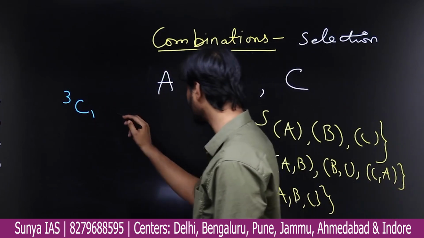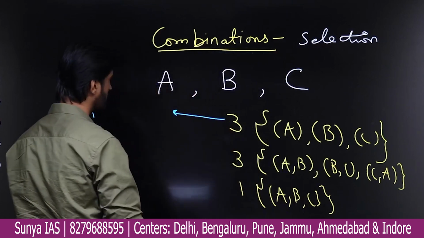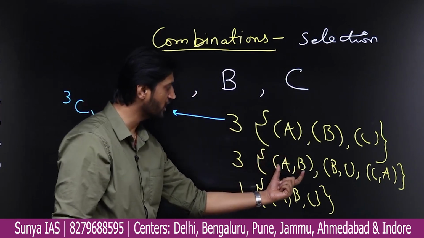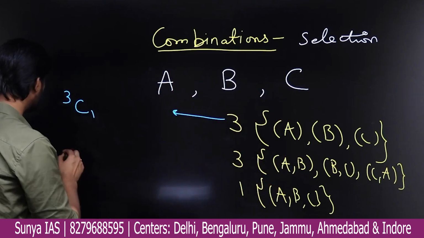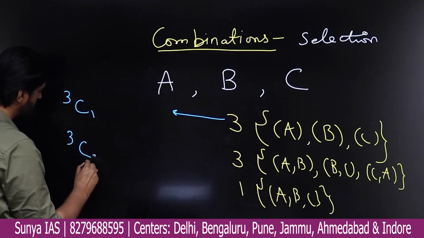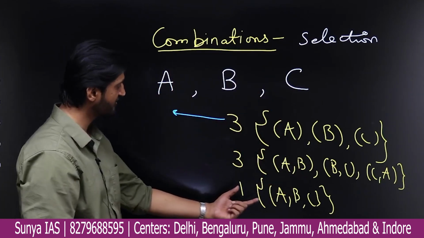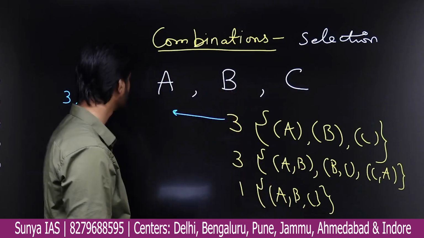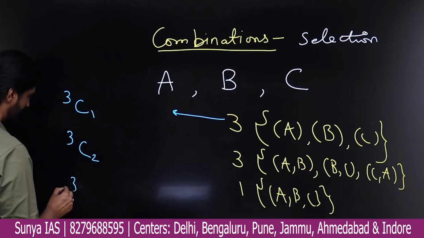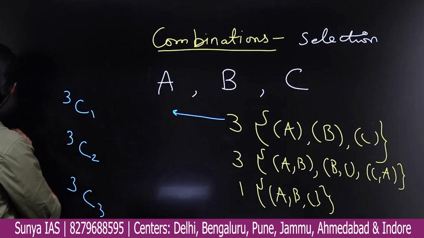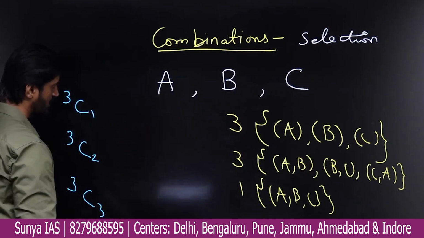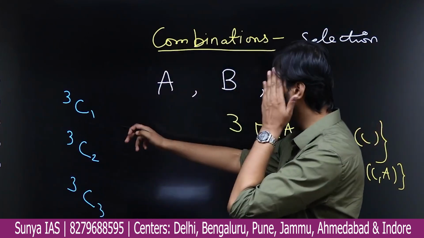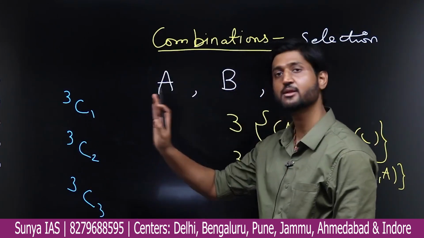Then if we talk about selecting 2 alphabets out of the 3, it will be written as 3C2. Finally, if we say we have to select 3 alphabets out of these 3 alphabets, that will be simply 3C3. So whatever I have done here by manual thinking is the mathematical way of writing the same thing.